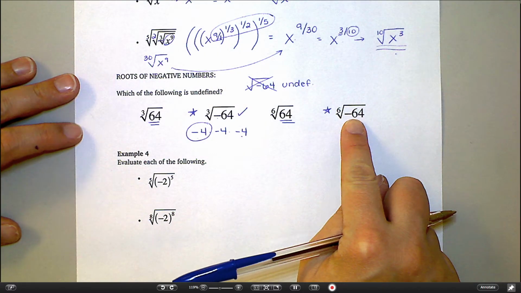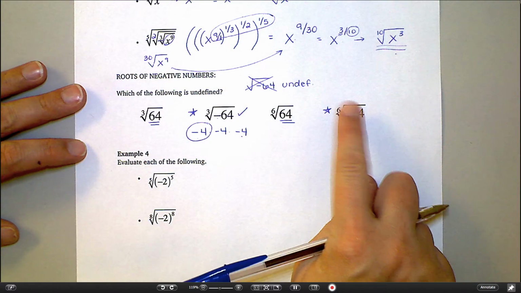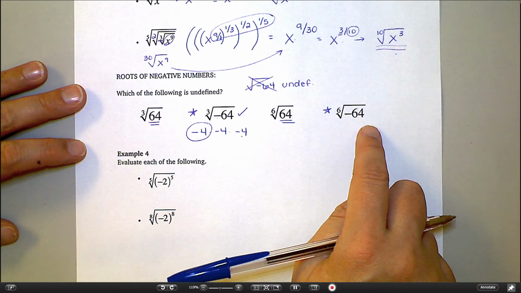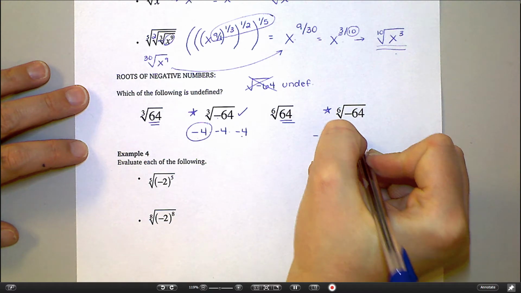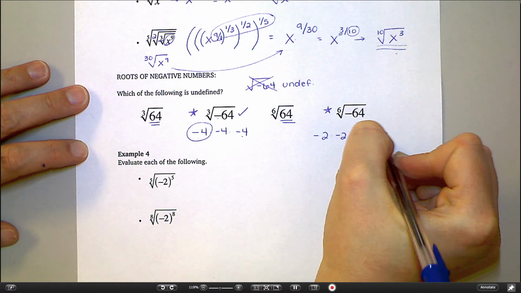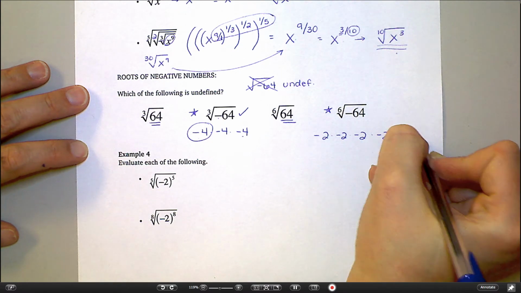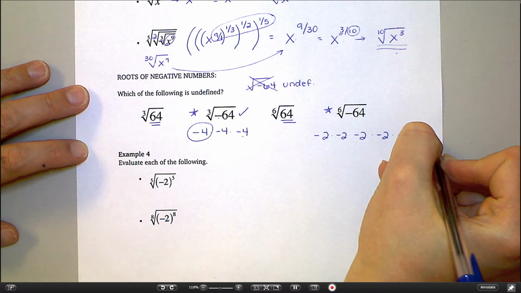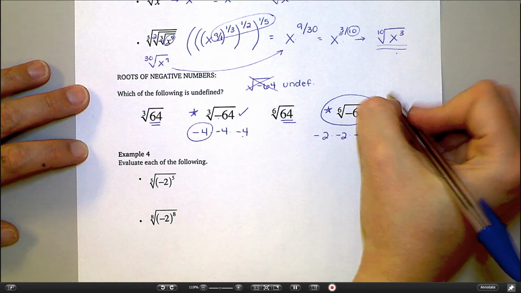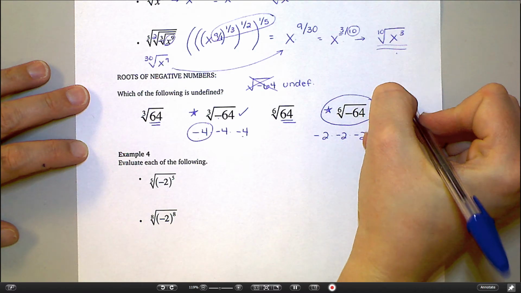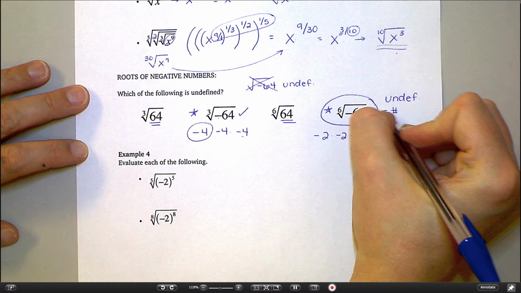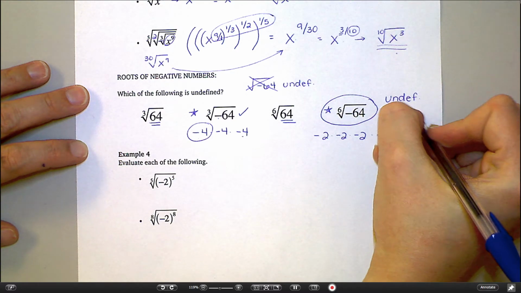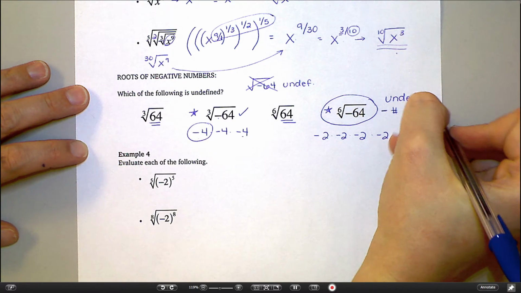This one is where I have an issue, right? Because the sixth root of 64 is supposed to be 2. But if I had 6 negative 2s, that's going to come back and equal a positive 64, not a negative. Okay? So this one here is undefined because it is a negative number with an even root.